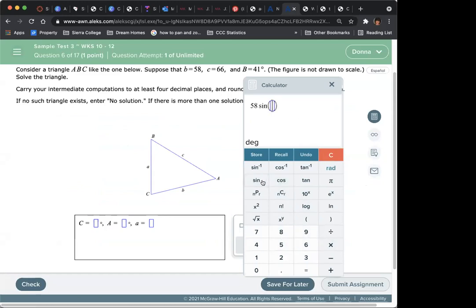So 58 sine of 90.7 all over sine of 41. I'll get some water while you write down that answer.